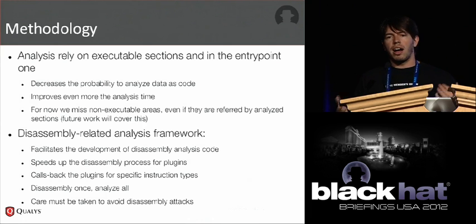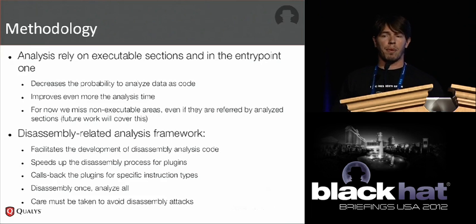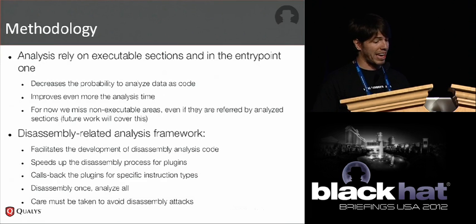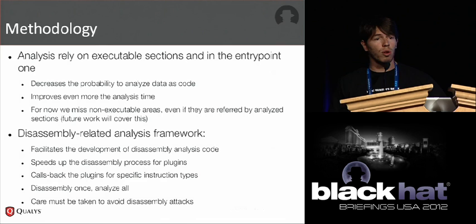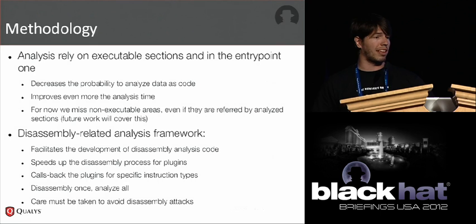There is a limitation when we're talking about static analysis of a malware, right? What we did is we got all the executable sections and the section that the entry point is in, and those are the sections that we disassemble. That, of course, makes our lives easier and also gives us better performance, but we miss some things, some of the code that is in other sections, even if it is referred to by the entry point or by the executable sections.